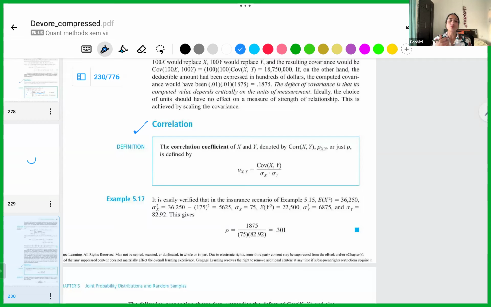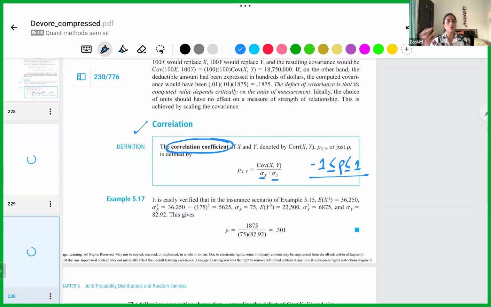So उसका unit जो है वो x और y का square हो जाता है. तो उसको हटाने के लिए हम दोनों का रिस्पेक्टिव स्टैंडर्ड डिविएशन से जब डिवाइड कर देते हैं, we get a unitless quantity, which is the correlation coefficient. Correlation coefficient will always lie between -1 and 1. एंड जो भी कोवेरियंस का साइन होगा वो भी कोरिलेशन का भी साइन.